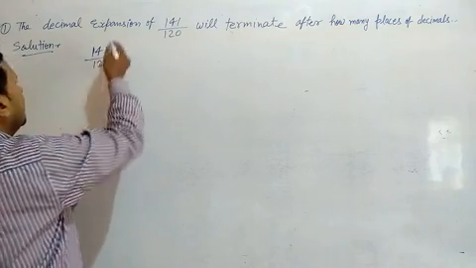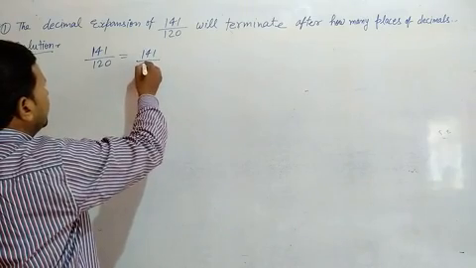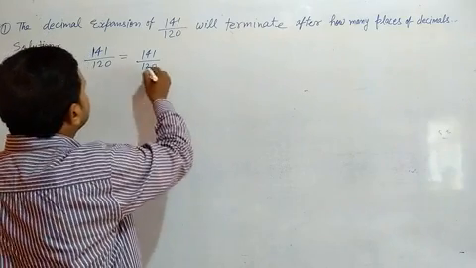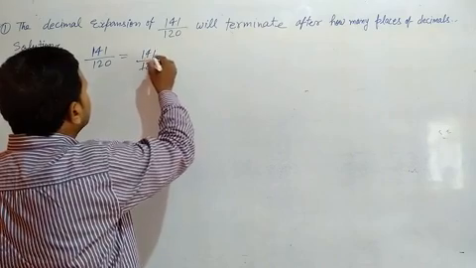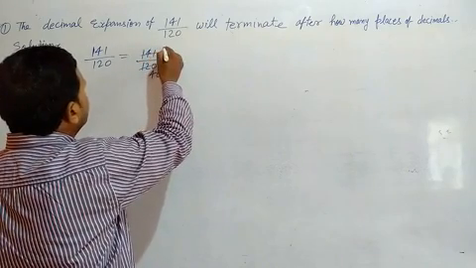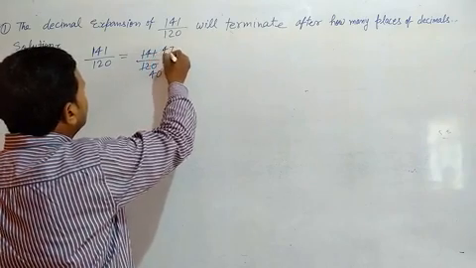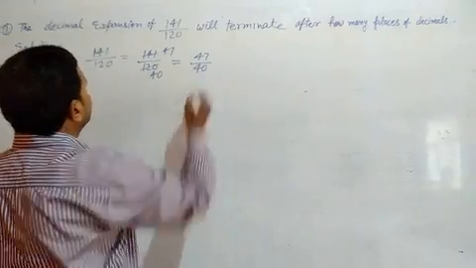We have to divide it by a common factor. The common factor is 3: 3 fours are 12, this is 40, and here 3 fours are 12, and 3 sevens are 21. Means 47 upon 40. It's right.